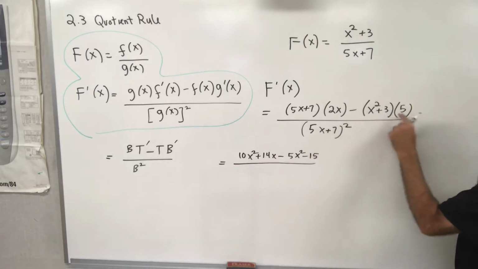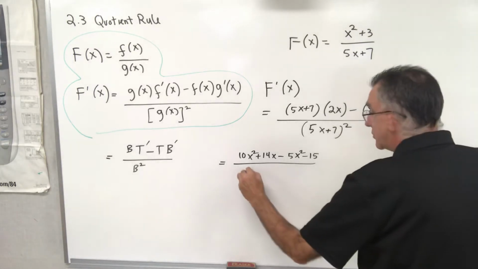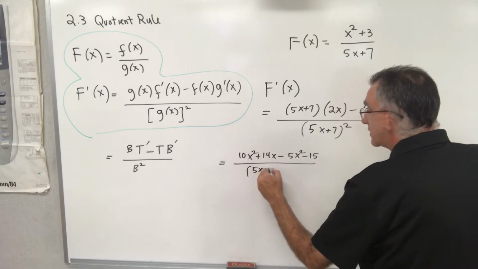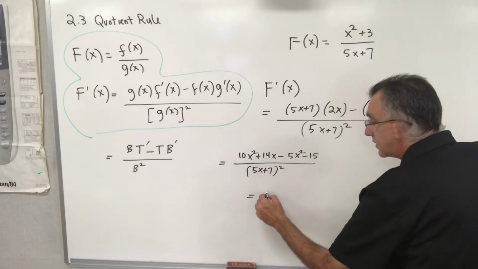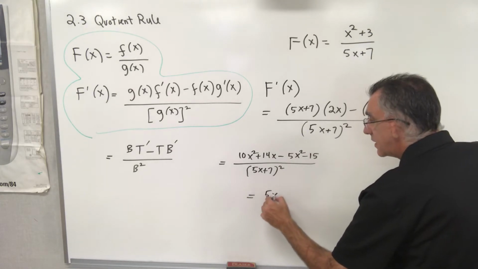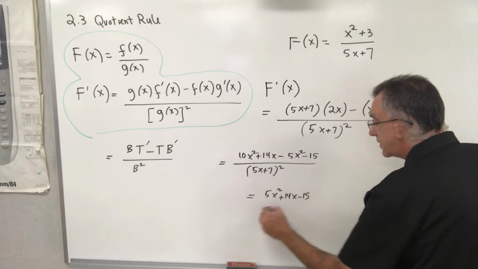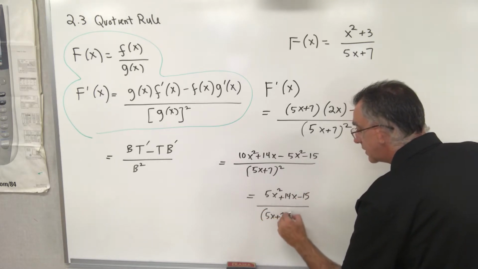Because in addition to the derivative, you're distributing a negative 5 in. So what is that? 5x squared plus 14x minus 15, all over (5x plus 7) squared.